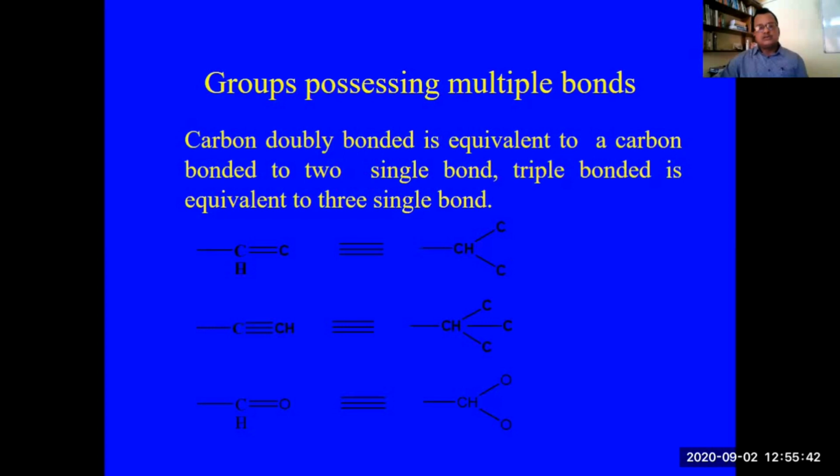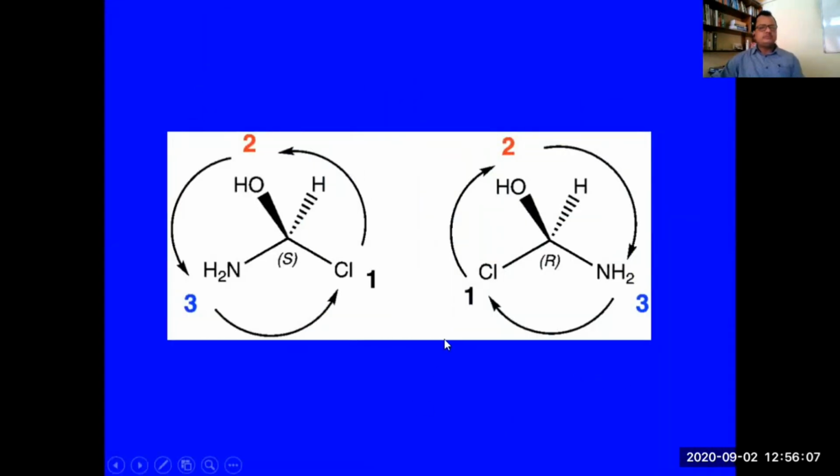And if that rule also fails, then you assign priority on the basis of higher atomic number of the third atom, and so on. Then another thing, a double bond is considered equivalent to 2 single bonds, a triple bond is equivalent to 3 single bonds, and a carbon-oxygen double bond is equivalent to 2 carbon-oxygen single bonds, and so on.